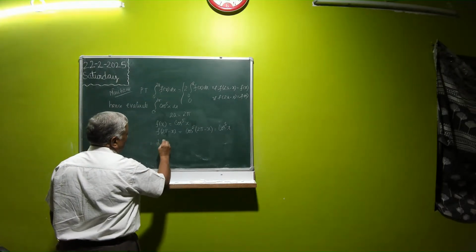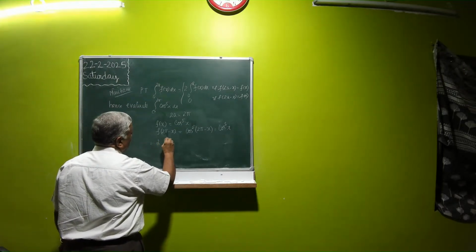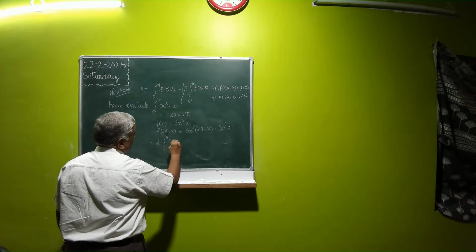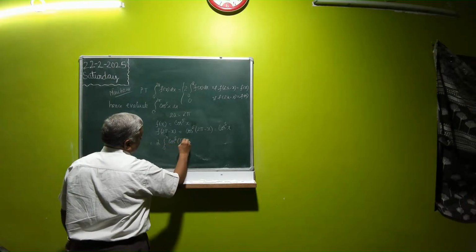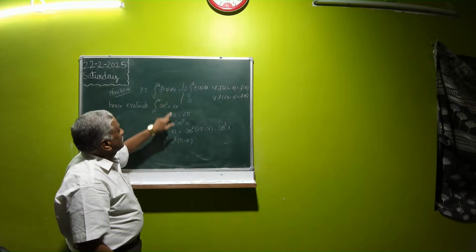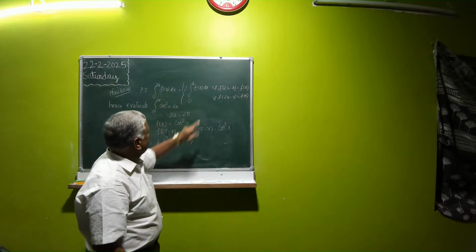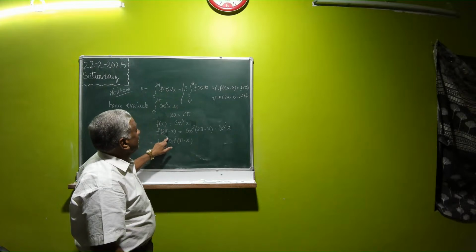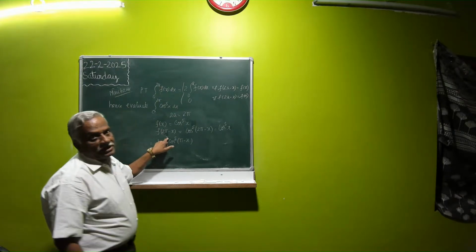twice the integral from 0 to pi of cos to the power of 5x dx. Why? Because it is f of x, where a is pi. You understand this?